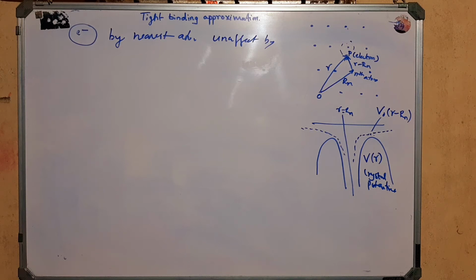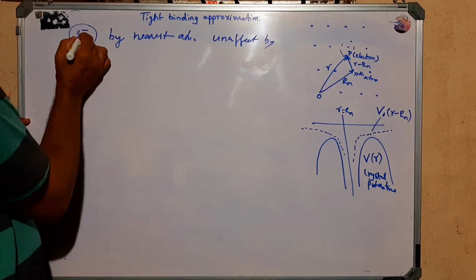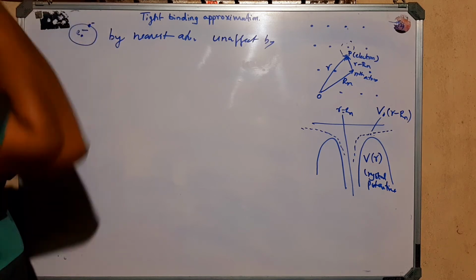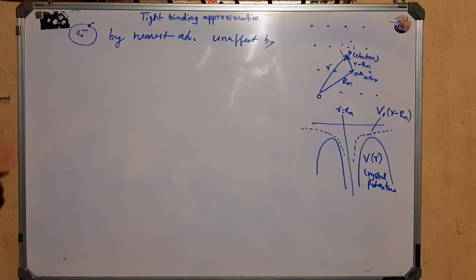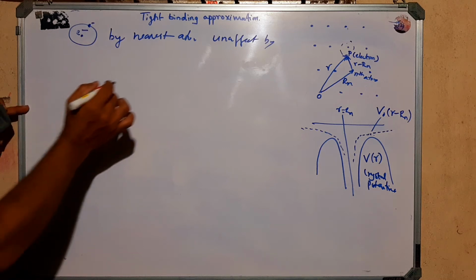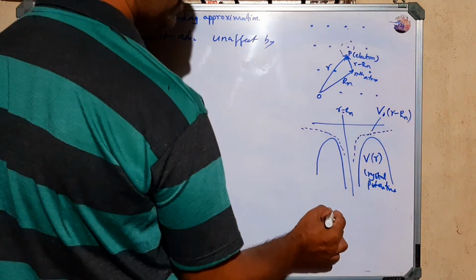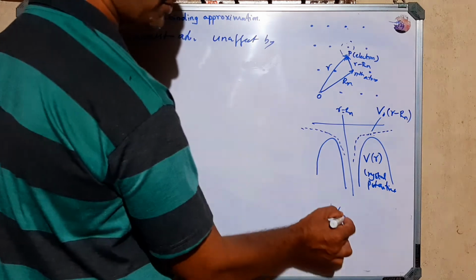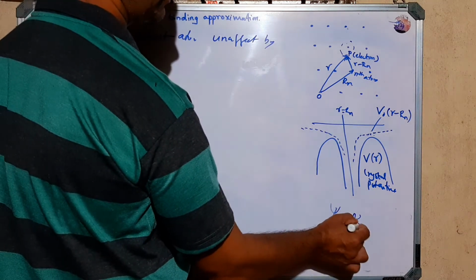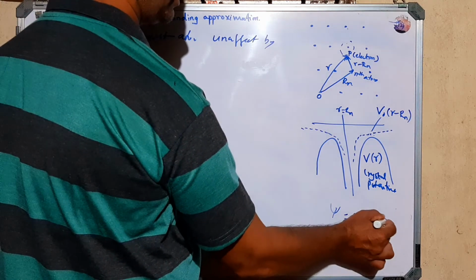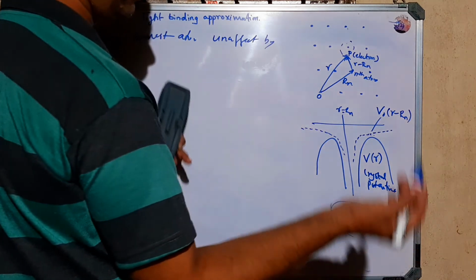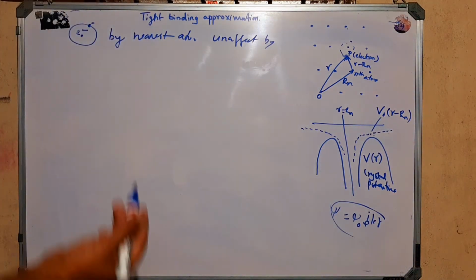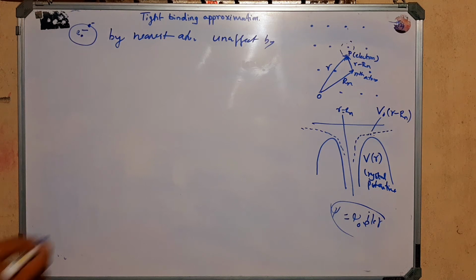So therefore, for this free electron, how can we write the wave function? For one electron, the wave function can be represented as usual, xi is equal to xi naught into e to the power ikr or minus ikr, right? We are using the same situation here also.